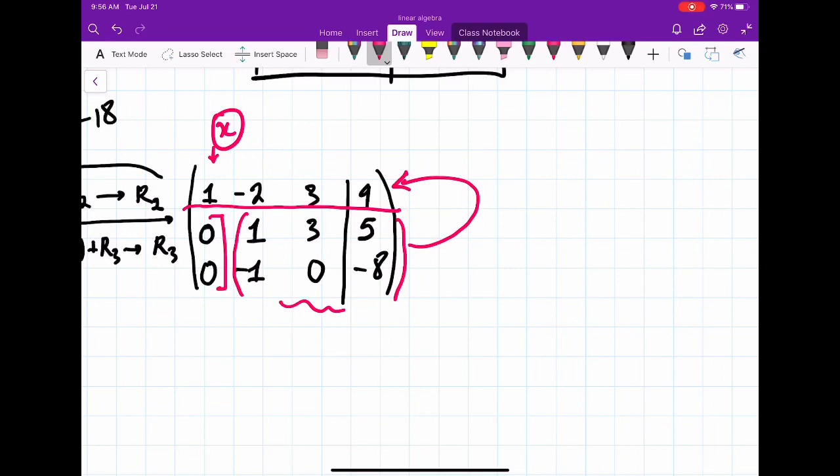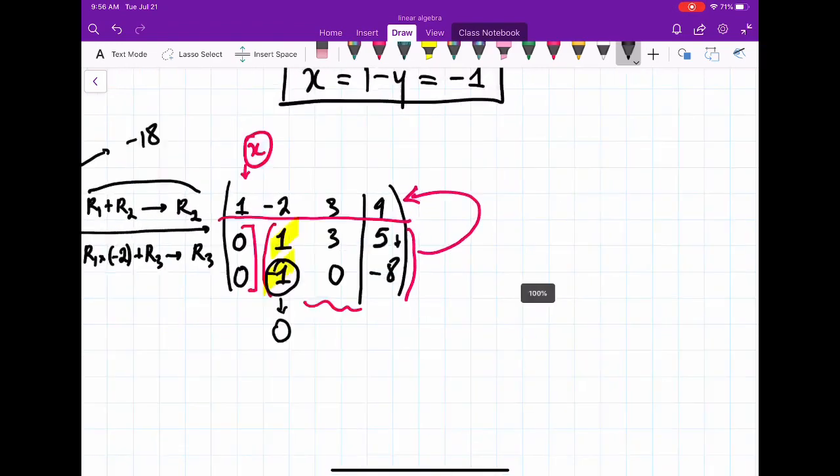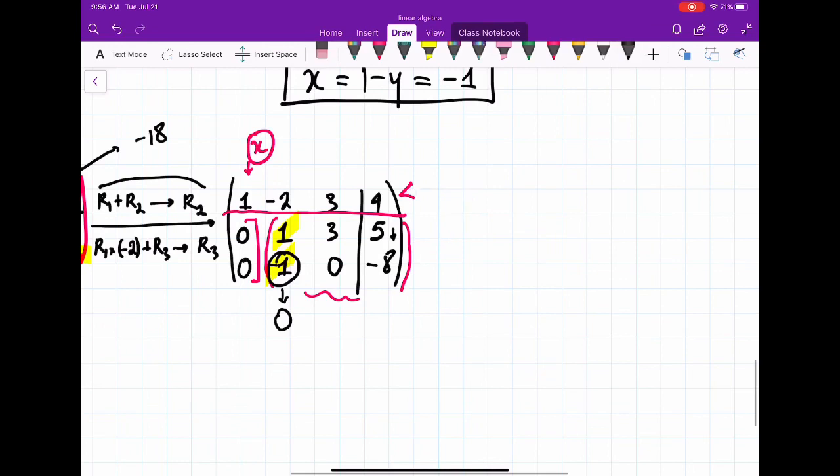Now we know how to do that already. We have 1 in here, we have -1 in here. I want to make this guy become 0. Pretty easy. I just add the second to the third, right? So I can write here R2 plus R3, and we do that in R3.